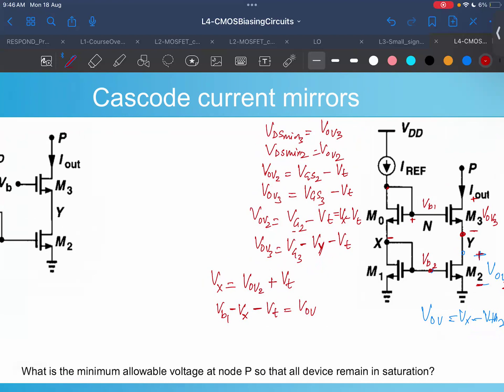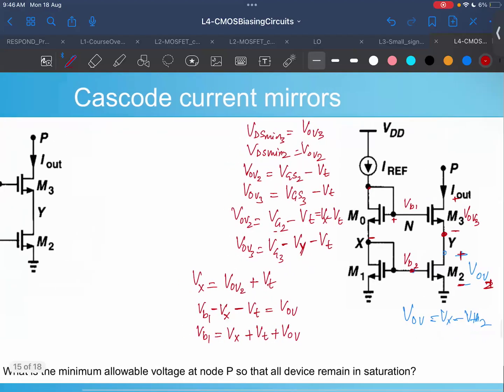So then we could write that VB1 is your Vx plus Vt plus VOV. Okay. So if this was VOV or VOV2, but the VOV is the same, right? You see here that it is written in terms of VOV.